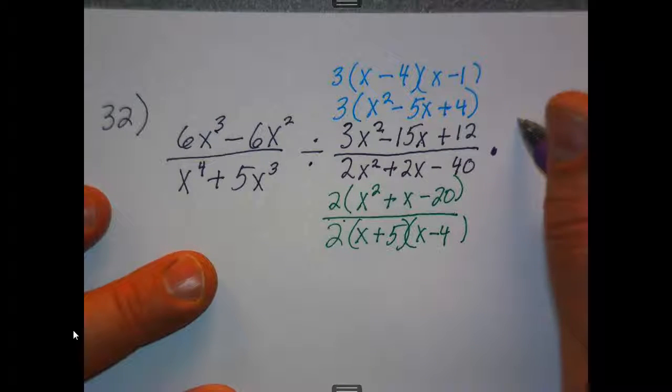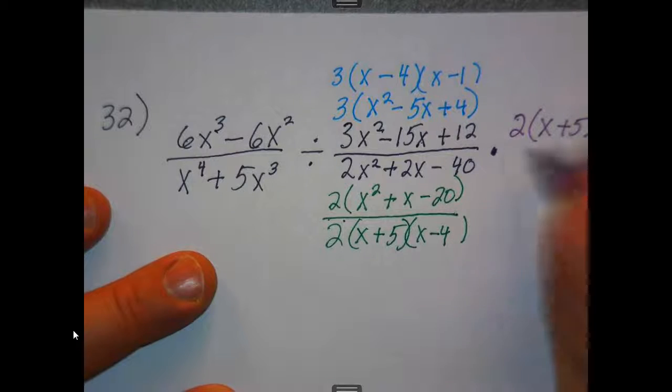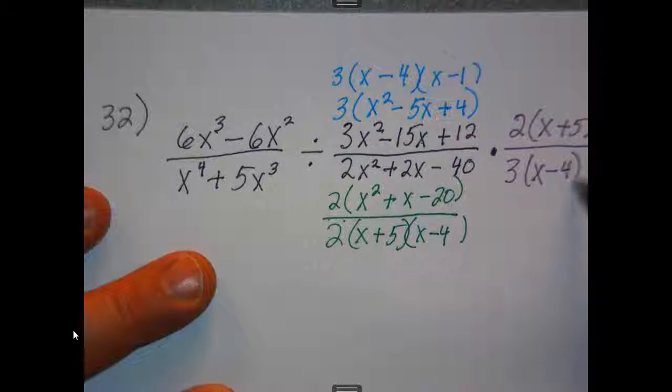2 times x plus 5, x minus 4 over 3 times x minus 4, x minus 1.